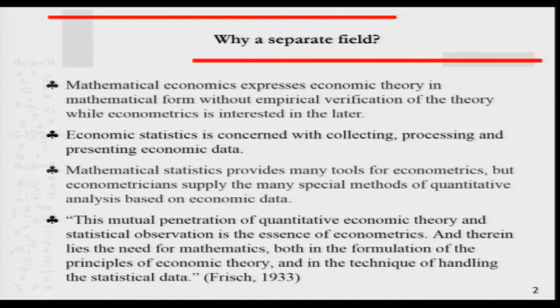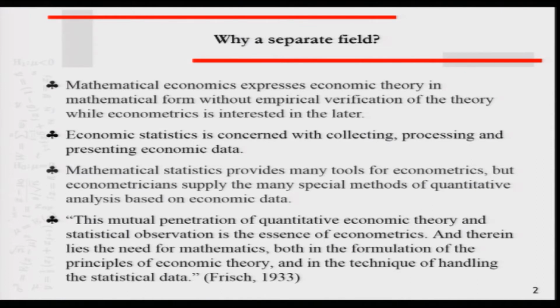Now there is also a separate branch called economic statistics. What is it? It is concerned with collecting, processing and presenting economic data. Note that this is not econometrics. Economic statistics is basically collecting and sharing economic data in an efficient and meaningful manner. Now here comes the other field, statistics, or more precisely mathematical statistics.